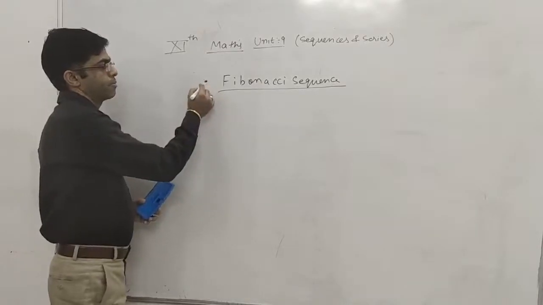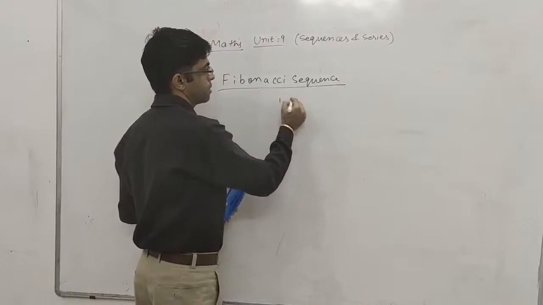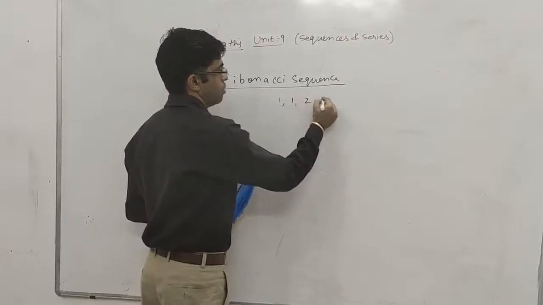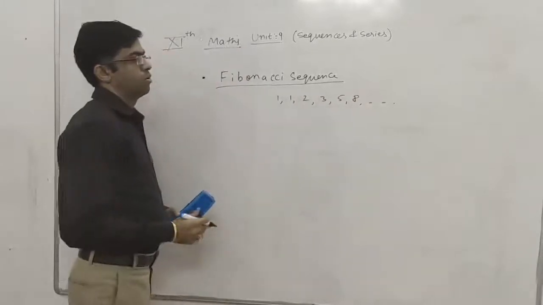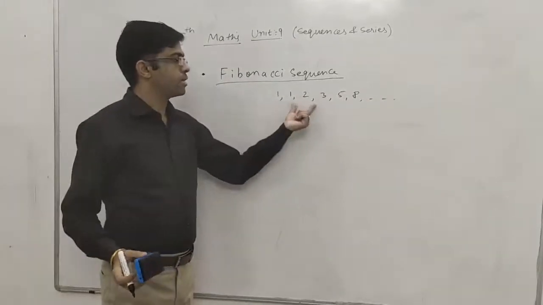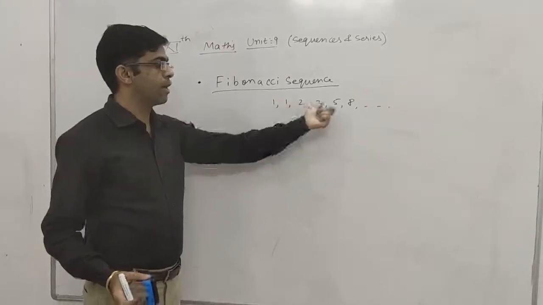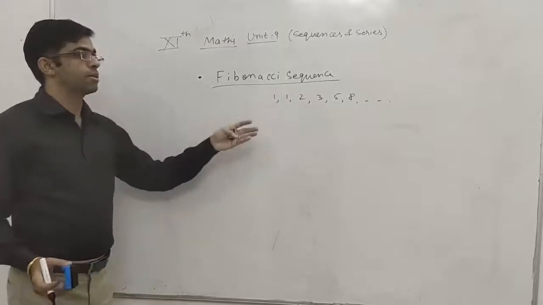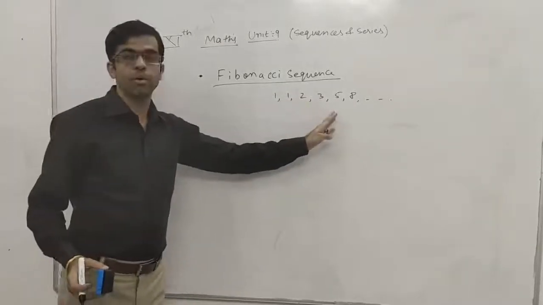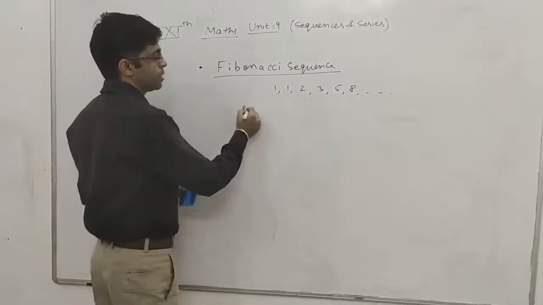Now a special type of sequence, the Fibonacci sequence, is sometimes asked: 1, 1, 2, 3, 5, 8, and so on. You can observe that there is no direct pattern you can find in this. It may not be visible what type of sequence it is, but sometimes a recursive relation comes.